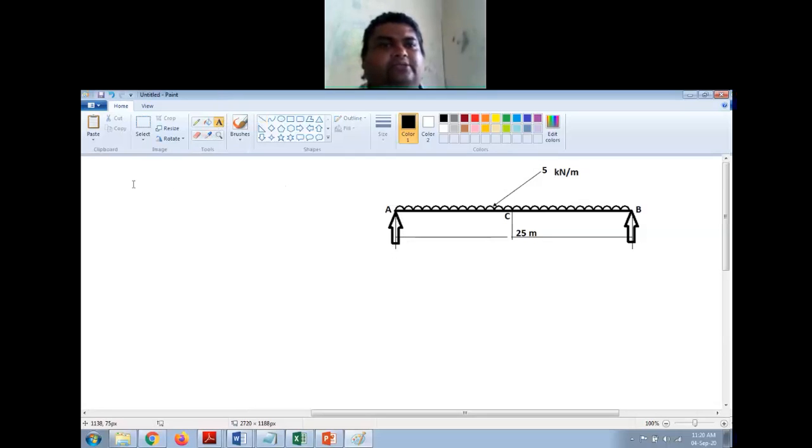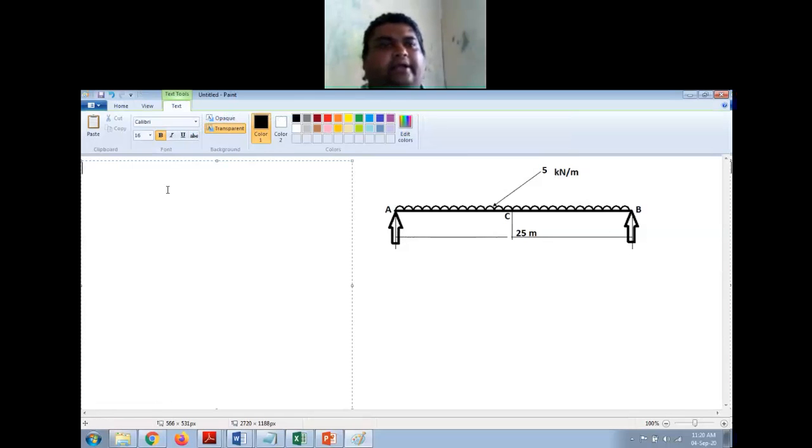So in order to find the support reaction, this is a symmetric case, right? So first let me convert this as a point load at the center. So that will be equal to W, W into L. So this is 5 kilonewton per meter into 25 meter.